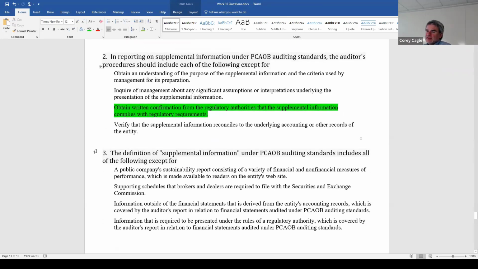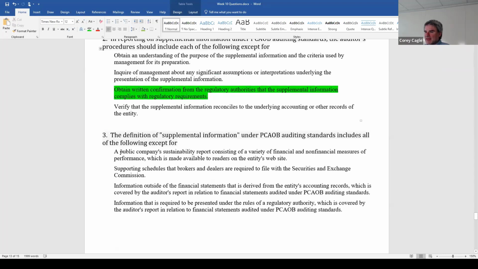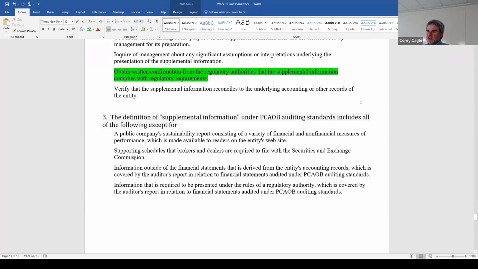3 says the definition of supplemental information includes all of the following except, yeah, this is not worth looking at. Well, I guess it is. Supplemental information would be supporting schedules, things derived from the accounting records, things required to be presented under regulatory rules, but we wouldn't want a public company sustainability report with all this non-financial stuff. That's more of the other information from the annual report.